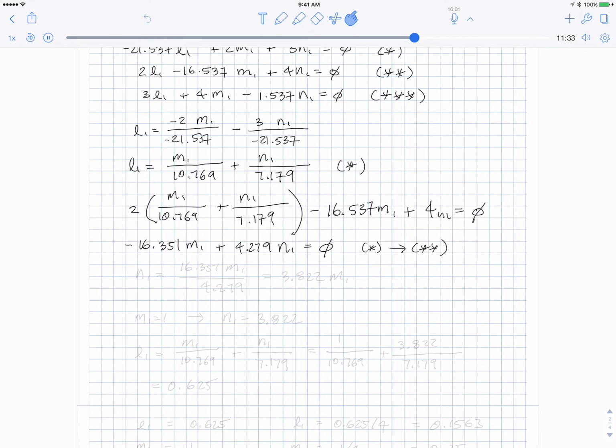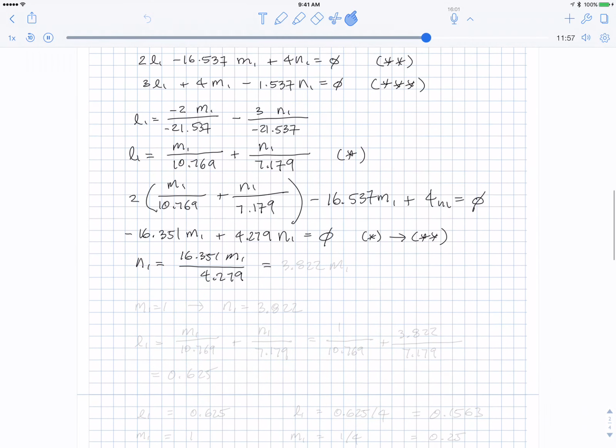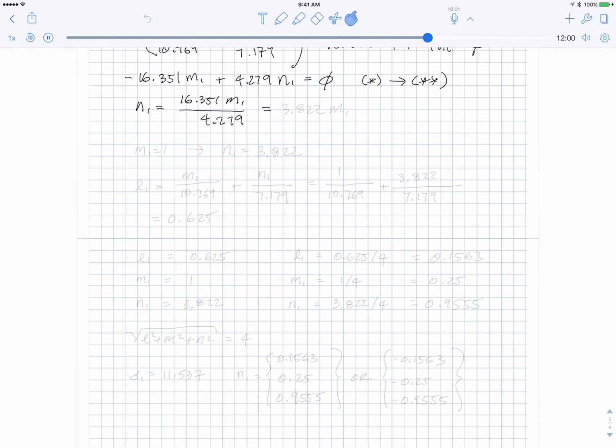So what we do is just solve this for, let's say, N1. N1 equals 16.351 M1 over 4.279, or if you divide that out, 3.822 M1.